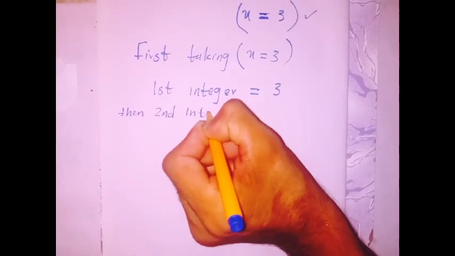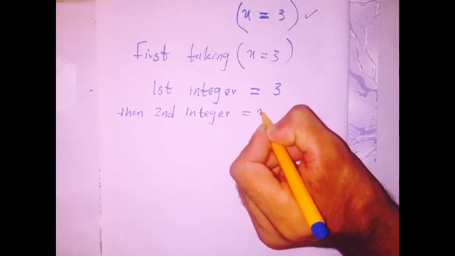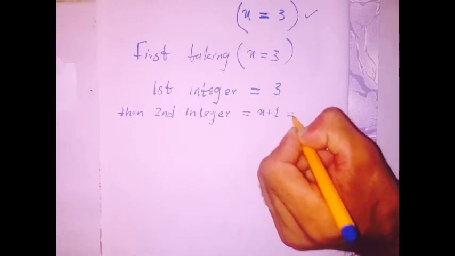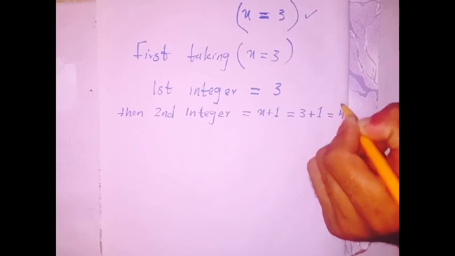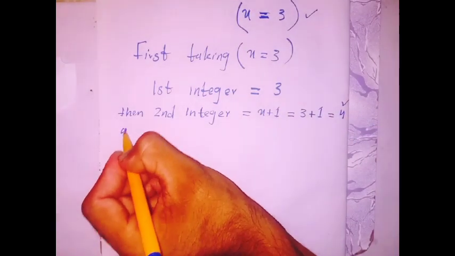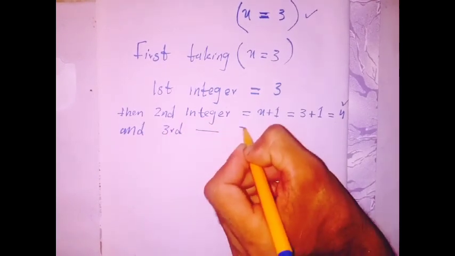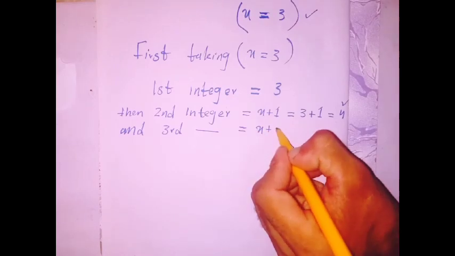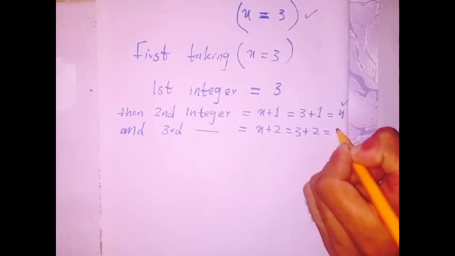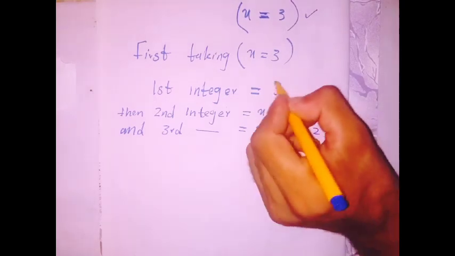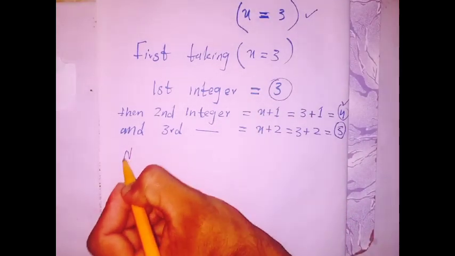So if we put x is equal to 3, 3 plus 1 is equal to 4. This is the second integer. And the third integer is x plus 2, so putting x is 3, 3 plus 2 is equal to 5. So we have first integer 3, second 4, and third 5.